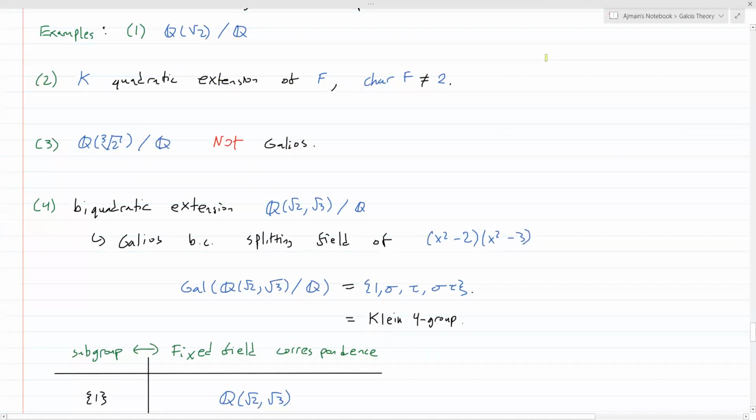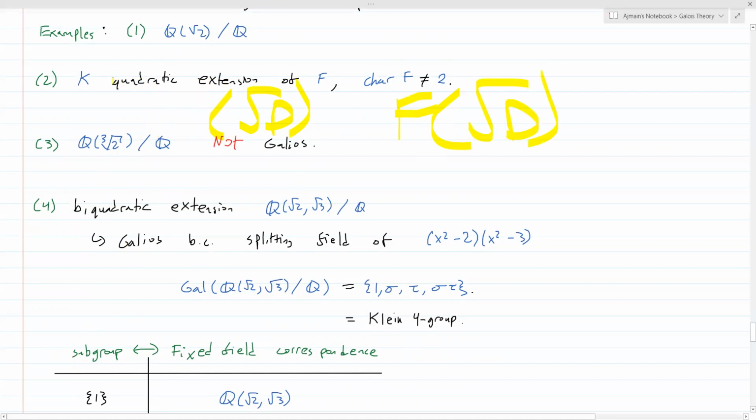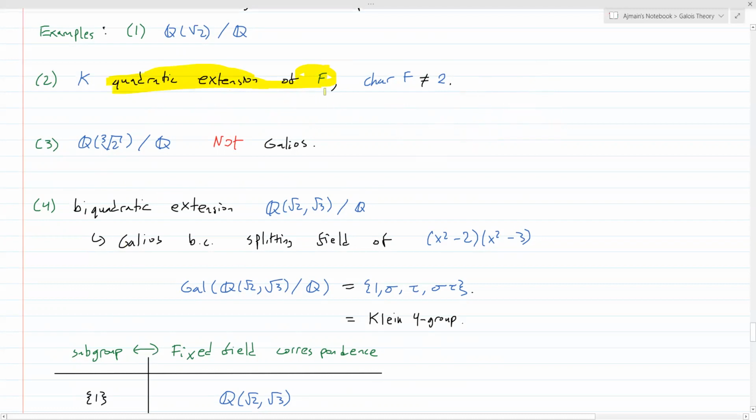Is there anything else to say here? Okay, not Q adjoin square root of D. What I meant was F adjoin square root of D. So we're taking a quadratic extension of F. Technically, what quadratic extension means is a degree 2 extension.